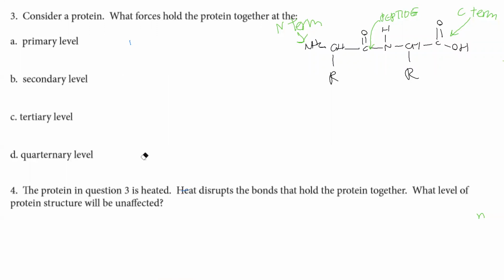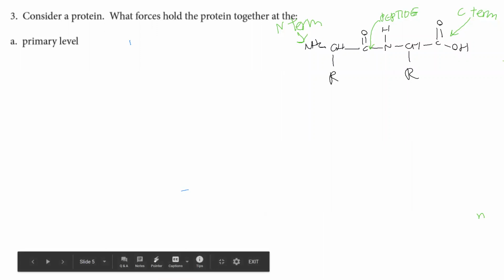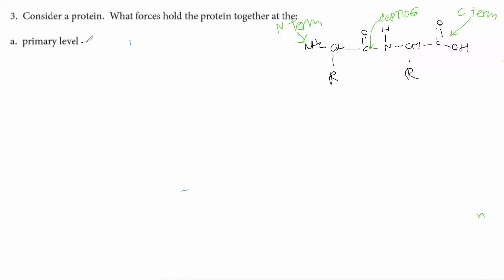Proteins, as you went over in lecture, have different levels: the primary, secondary, tertiary, and quaternary levels, and you need to know what's going on at each of these levels. So let's take this one at a time. What forces hold the protein together at these different levels? The primary level of a protein is just the order of amino acids, or AAs.